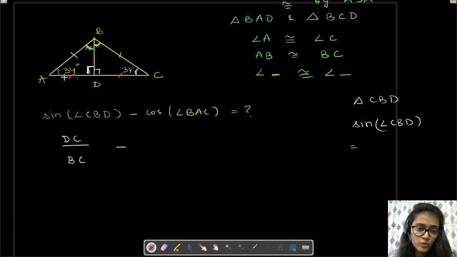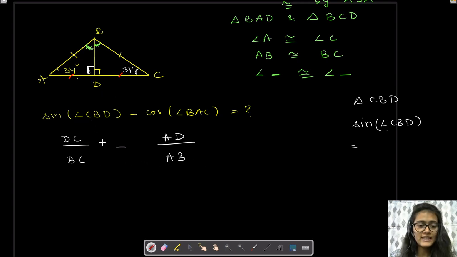So now if you look in the triangle BAD, your angle BAD will be same as angle BAC. So cosine of angle BAC is going to be the adjacent side, which is AD, over hypotenuse, which is AB.